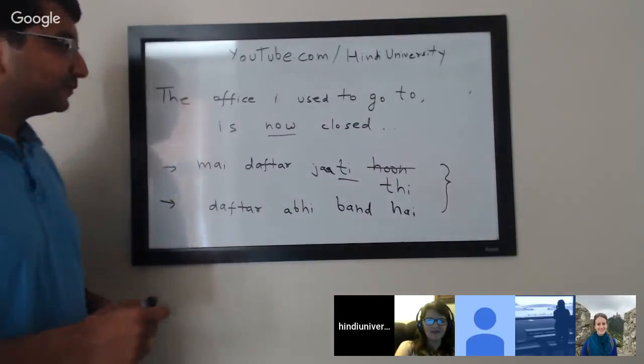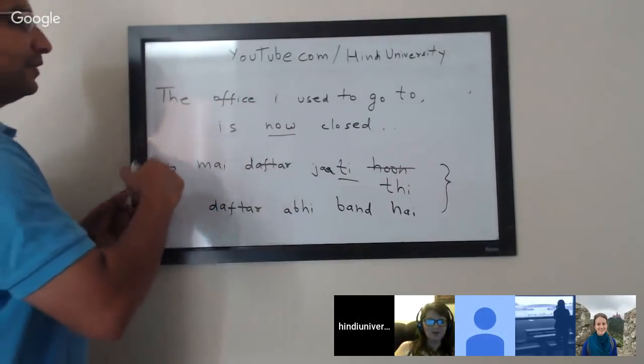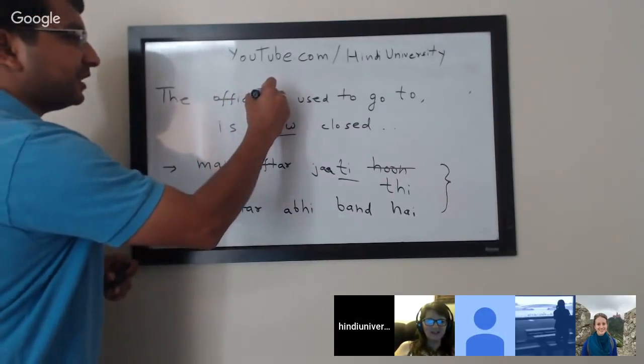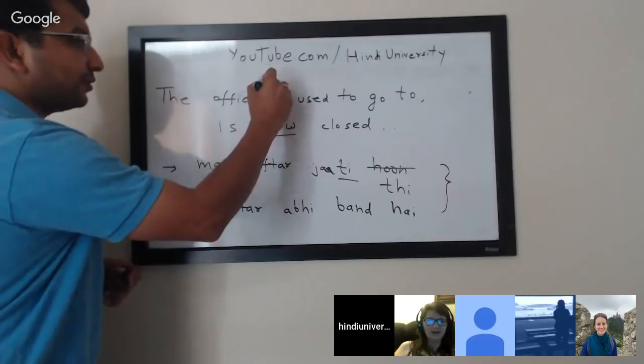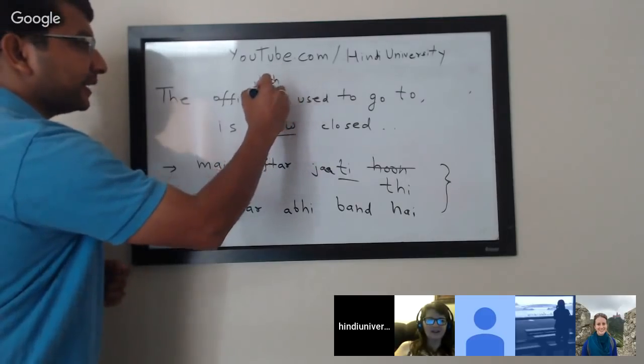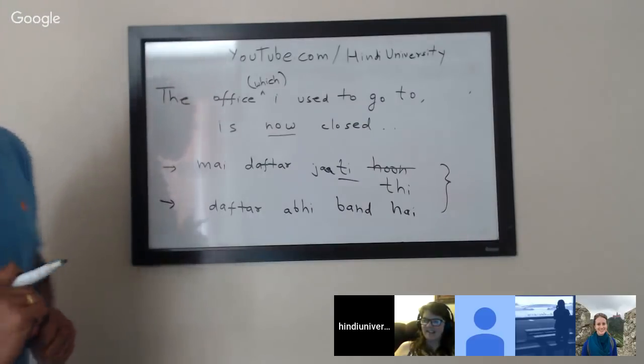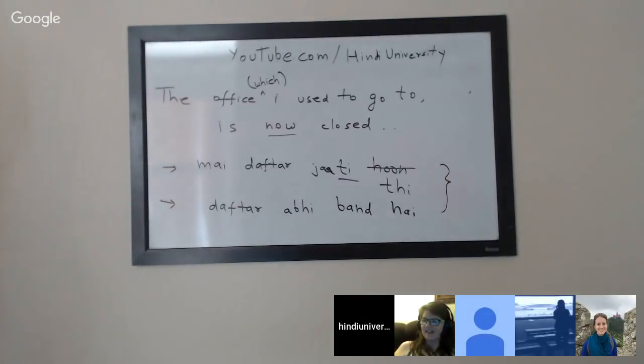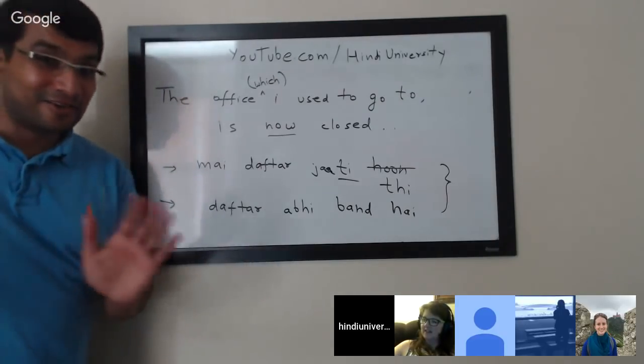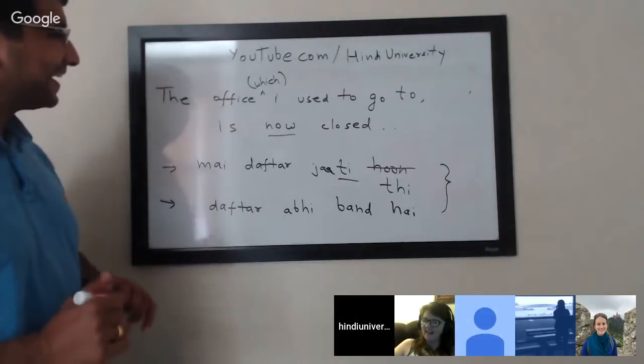Okay. Yeah, the office I used to go to is now closed. So you see, even though there is no "which" written here, it's implied. Yeah, so I tricked you even further, right? So keep going. So is it using the word jiska? I'll not tell you, you have to tell me.